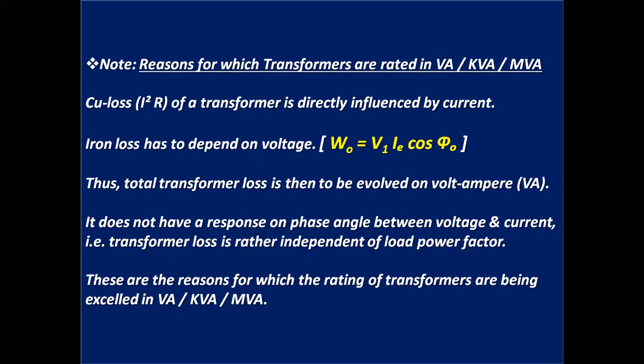Thus, total transformer loss is evolved on volt ampere, so it does not depend on the phase angle between the voltage and current. That is, transformer loss is rather independent of load power factor. These are the reasons for which the ratings of transformers are expressed in VA, kVA, or MVA.